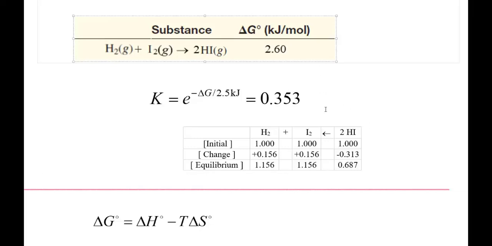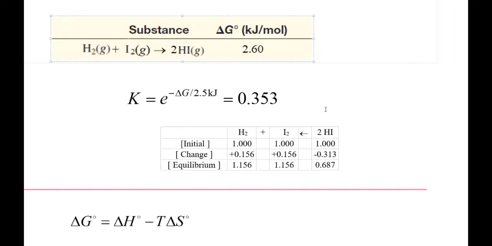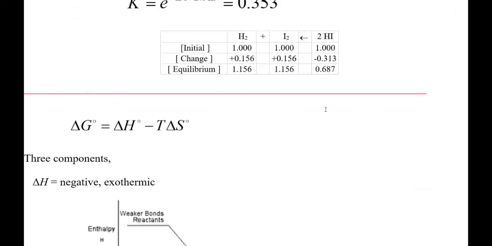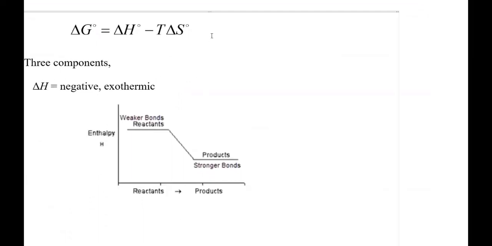Now, why? What makes delta G tick? Well, here it is. Here's the equation. This is one of the most important equations in terms of figuring out what's happening. Is this going to happen or not? I mean, that's a big deal in chemistry. Well, delta G involves just 3 things. If the delta H is negative, we've got an exothermic reaction.